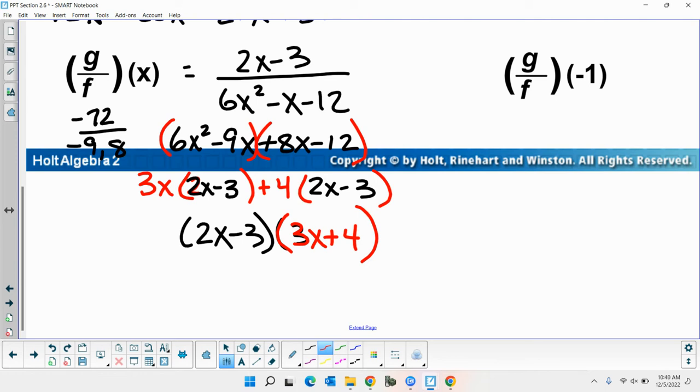Then what happens with the 2x minus 3's? They cancel. So this comes out to 1, since there's nothing left up there, over 3x plus 4.